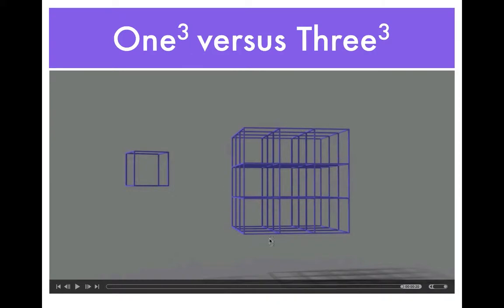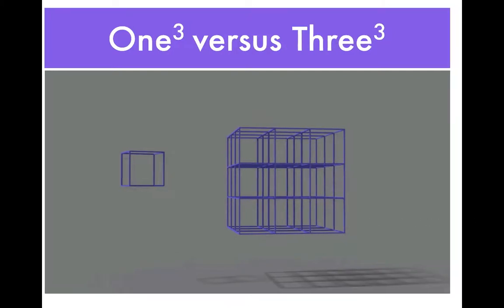It takes 27 cubic feet to make this shape that is 3 feet by 3 feet by 3 feet. And that's the volume, 27 cubic feet.